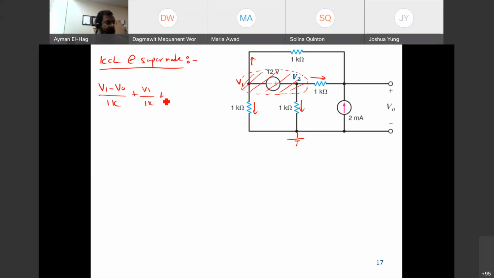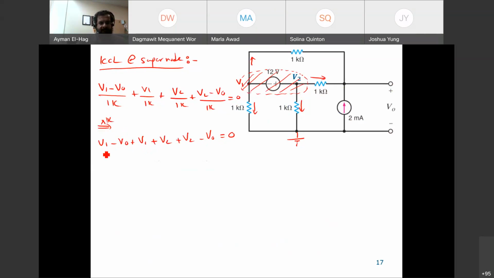Now let's go to V2. Then we have V2 divided by 1K, the current that goes to the bottom, plus (V2 minus V0) divided by 1K, the current that goes to the right. Covered all the currents, so this is equal to 0. Let me multiply everything again by 1K. So this becomes V1 minus V0 plus V1 plus V2 plus V2 minus V0 equal to 0.